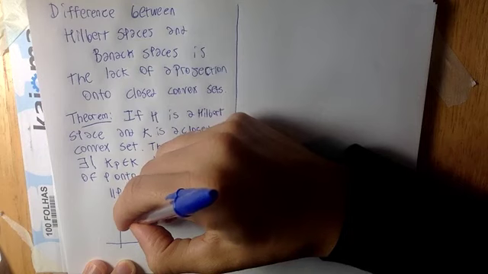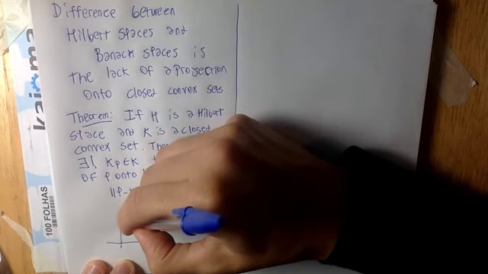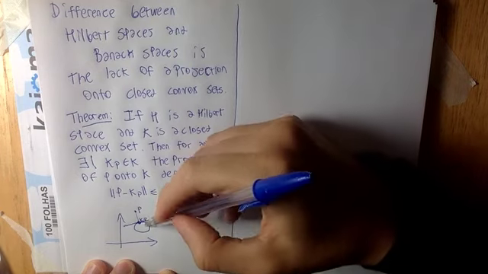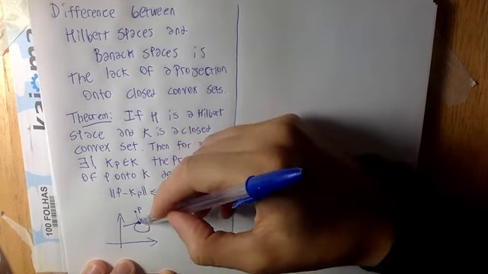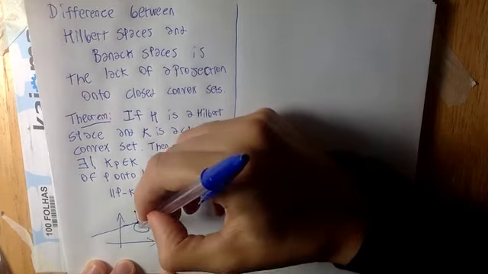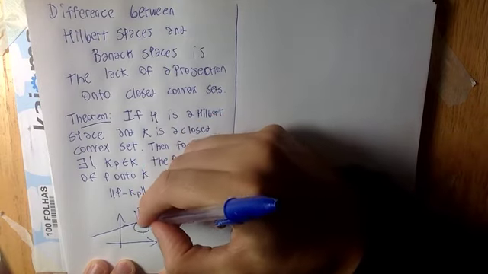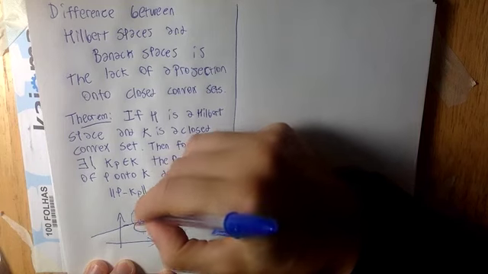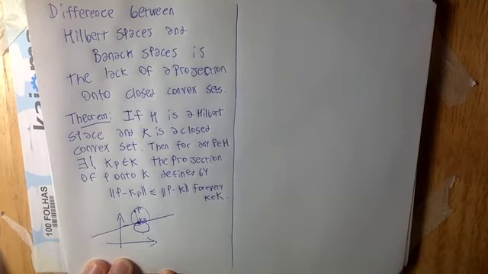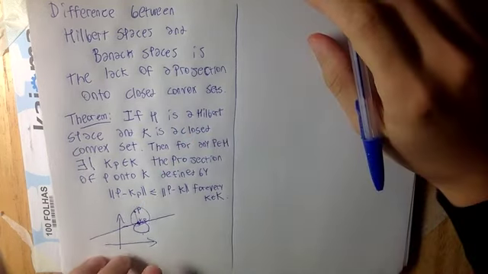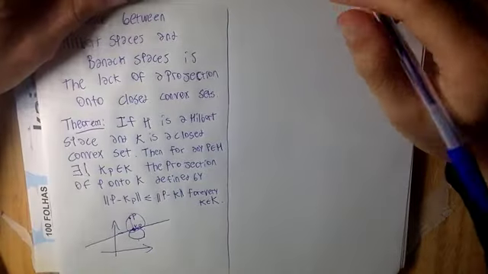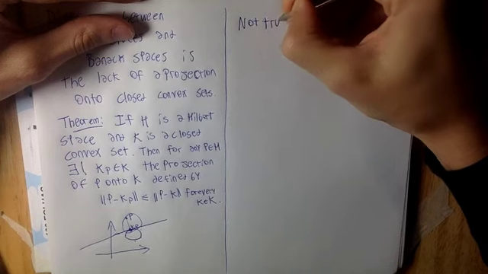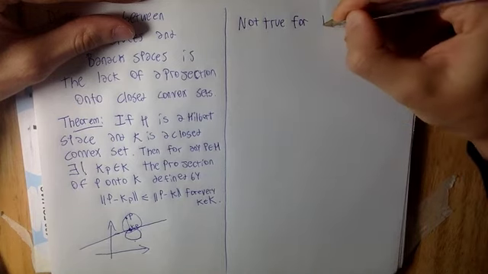Geometrically, this is given by saying that K lies on the other side of this hyperplane, which is defined by the vector P minus Kp. But this is not true for Banach spaces. So let's see what I mean by this.